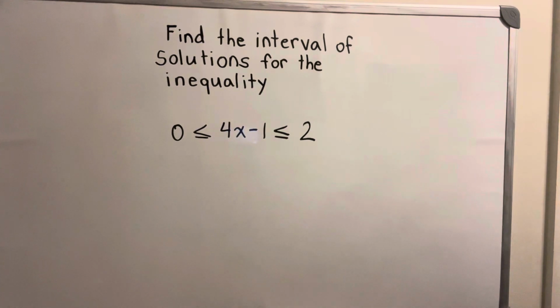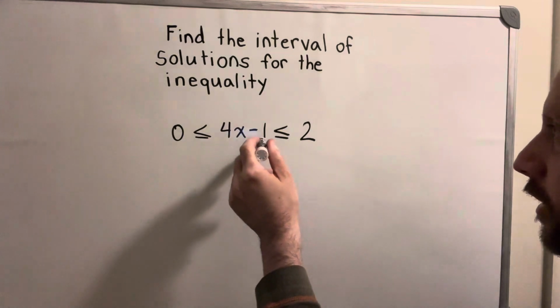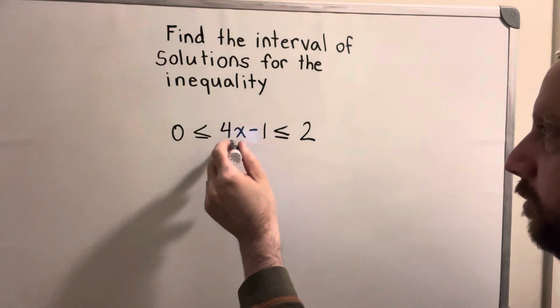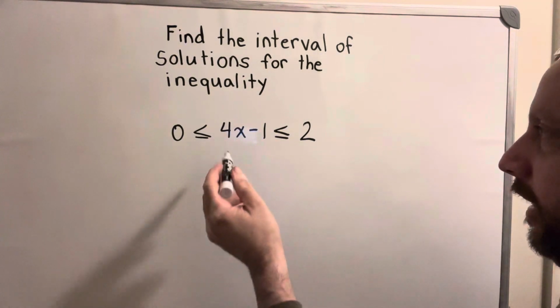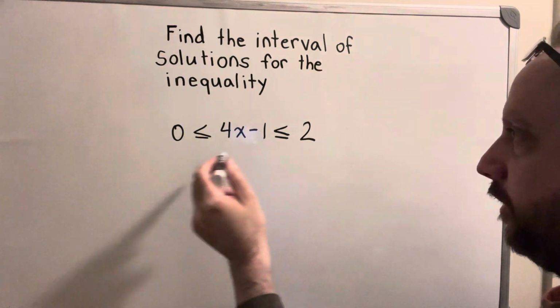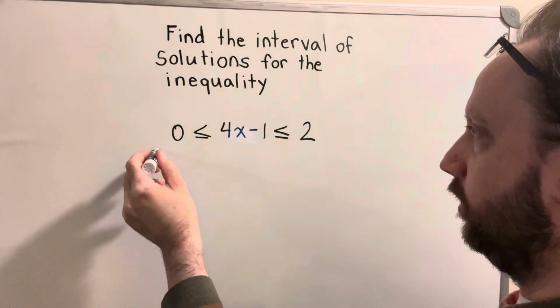First of all, we've got this minus 1 right here, so to get this by itself, we add 1 to everything across the inequality.